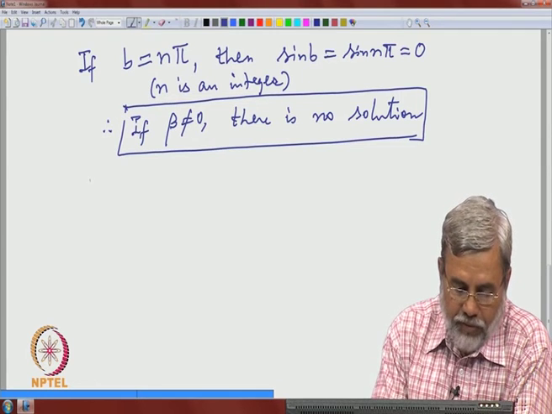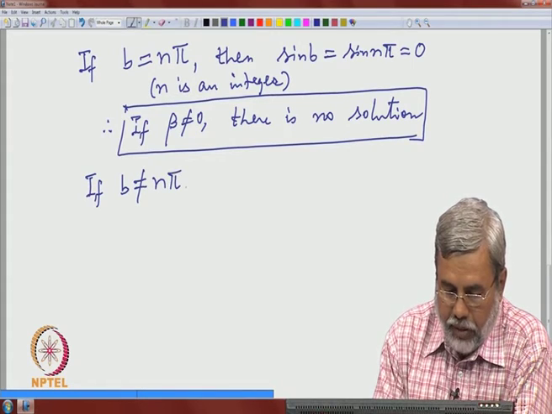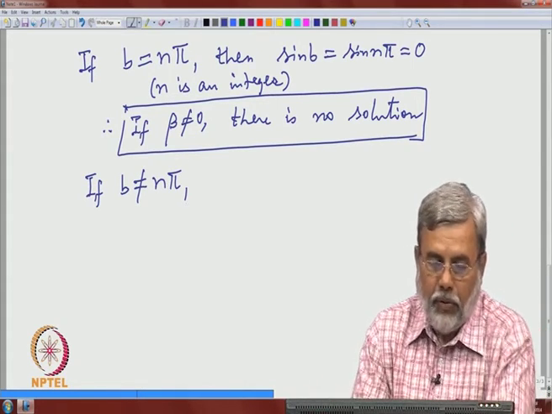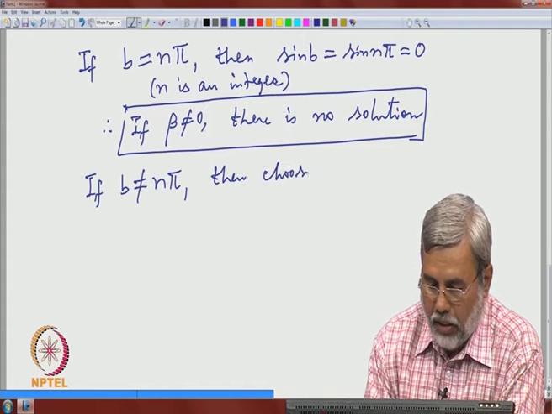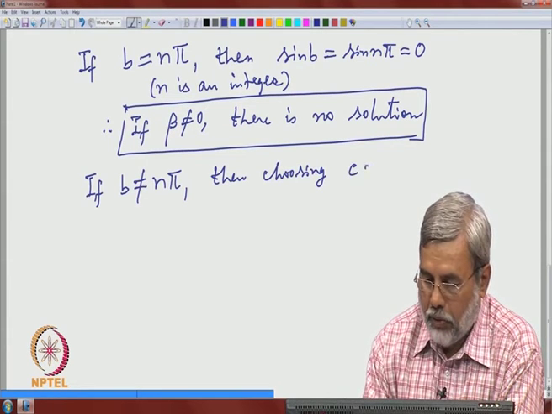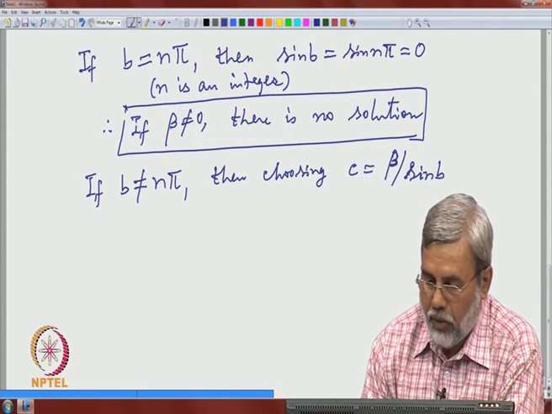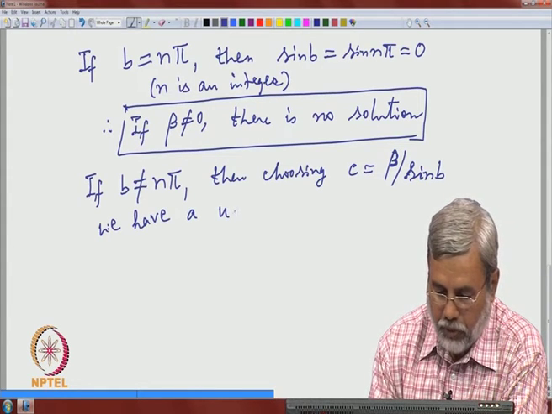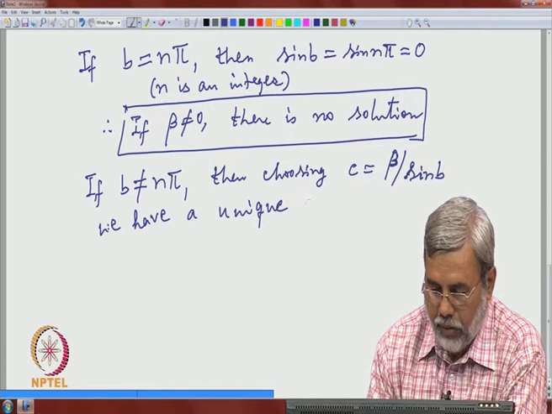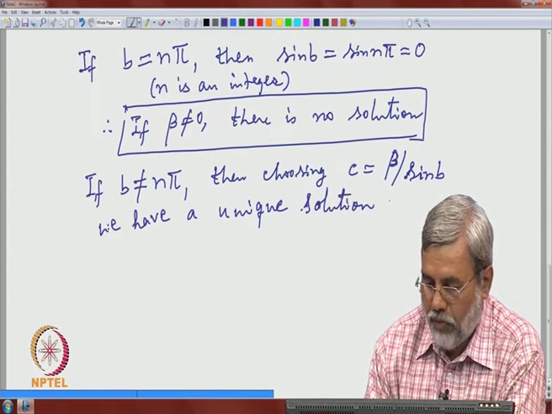On the other hand, if b is not n pi, then sin b is not 0, and then choosing C equal to beta by sin b, we have a unique solution for the boundary value problem.